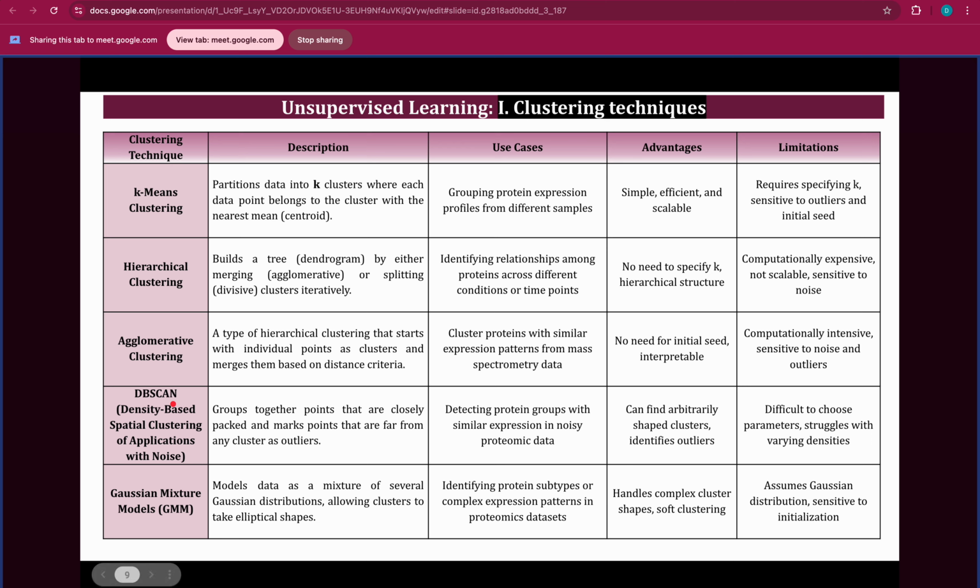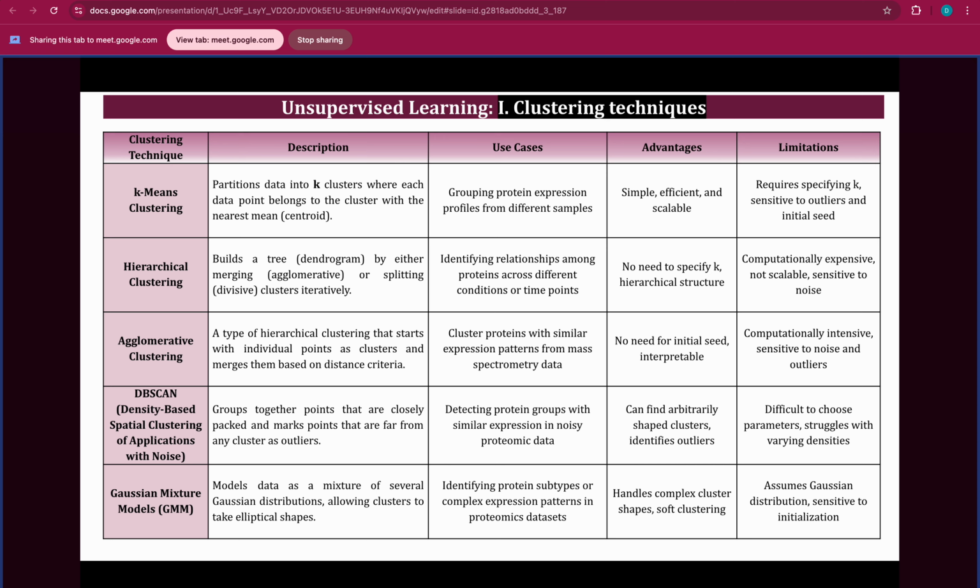Then comes density based clustering, and the name is DBSCAN, which stands for density based spatial clustering of applications with noise. In simple terms, as it is based on density, whenever there is a region where the number of points is dense, where the features are closely similar, it will try to make a single cluster of that dense region.